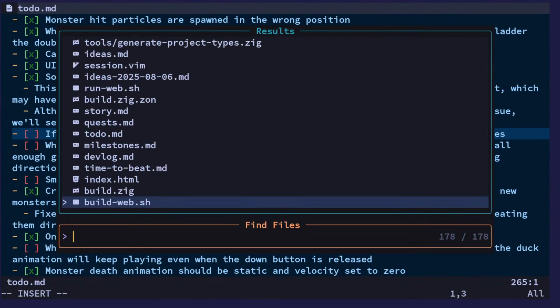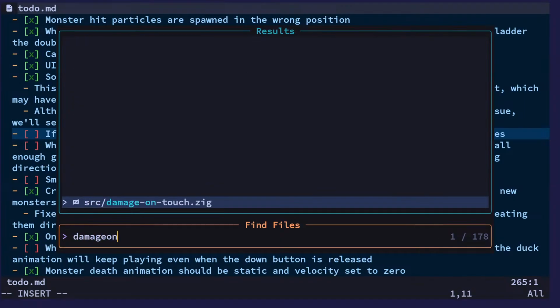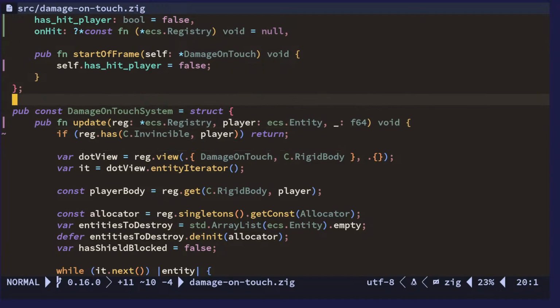And that should be damage on touch, I think is probably what we need.